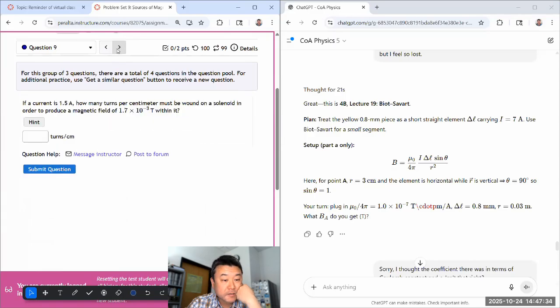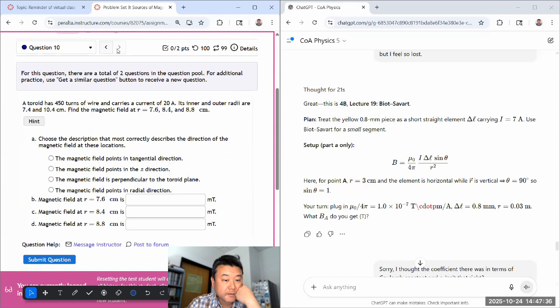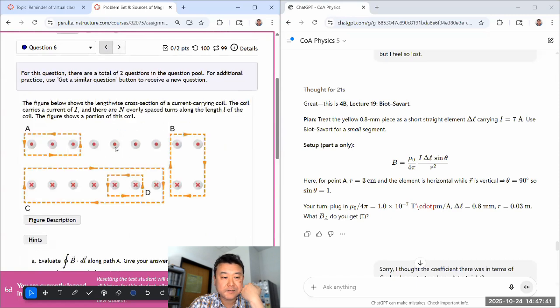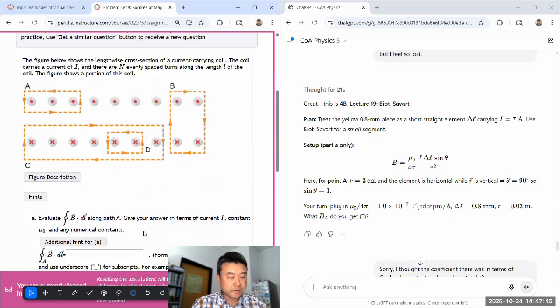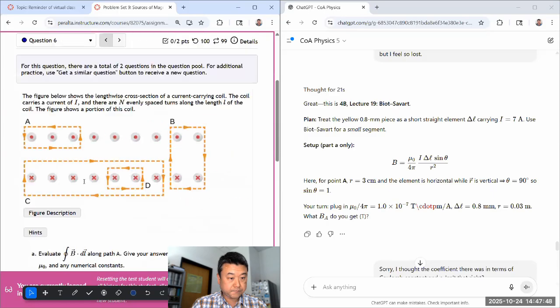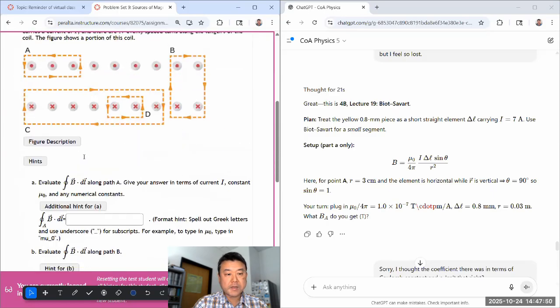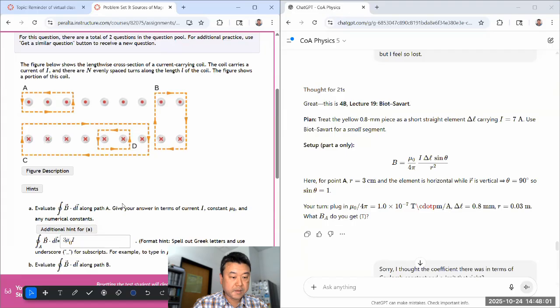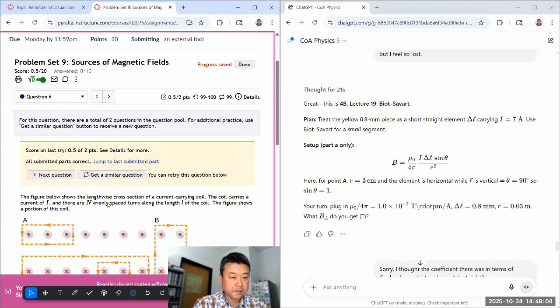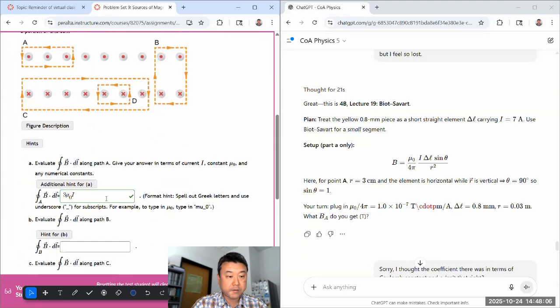I think with question 6 I can make a mistake that is slightly more plausible. What I can imagine someone doing is, after some looking up and whatnot, answering 3 mu naught I. And then I think A should be right that way, and then continue on with that for the rest.